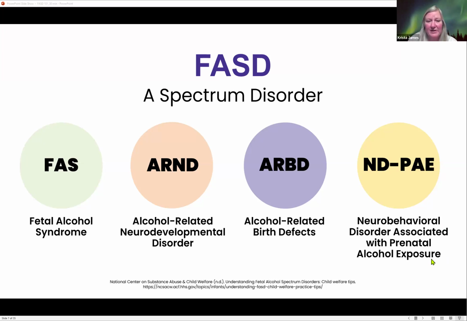People with ARBD can have problems with their heart, kidney, bones, or hearing. Really, when you think about the alcohol exposure, whatever is developing at the time that the drinking is occurring, whatever is developing with the fetus is what's going to be affected. So those could fall under the ARBD, which are those alcohol-related birth defects.